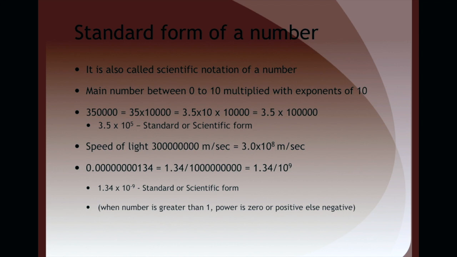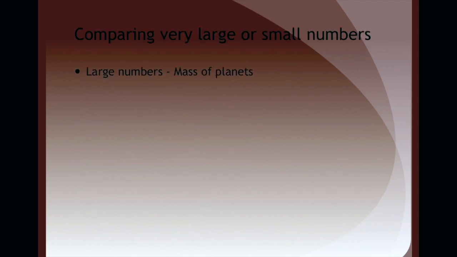In the below example where we see 0.00000000134, the number is smaller than 1, so the power is negative, 10 raised to power minus 9. It is very useful in comparing or for operation on very large or very small quantities, as mentioned earlier. Now let us take an example to compare very large or very small numbers using standard form.